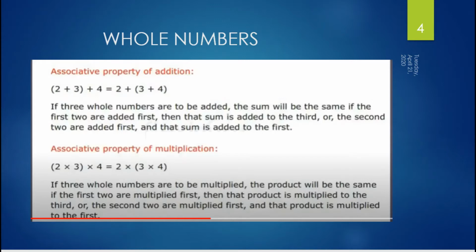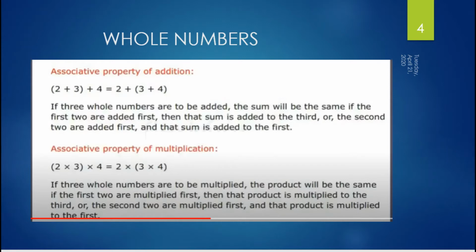Then comes the associative property of addition. If three whole numbers are to be added, the sum will be the same if the first two are added first and then the sum is added to the third, or the second two are added first, then the sum is added to the first one. What I mean to say here: 2 plus 3 plus 4.